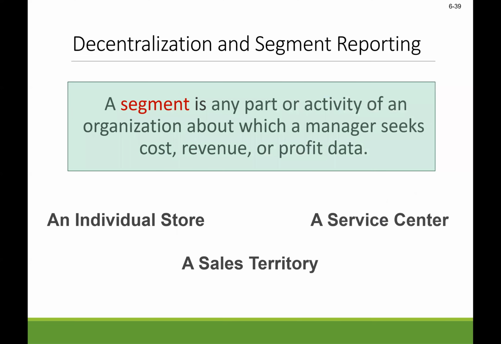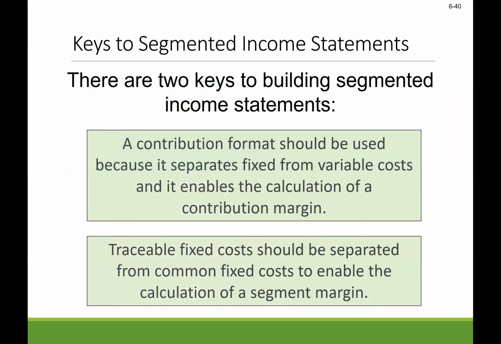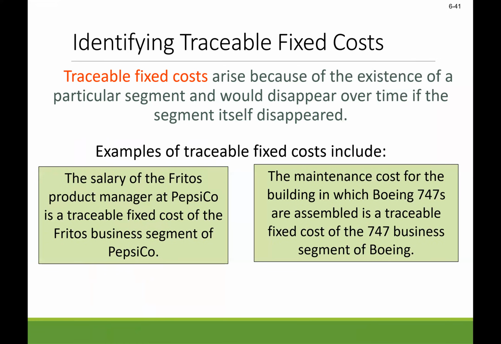You can have a store, a territory, a service center. In order to build these, we'll separate the fixed from the variable cost using a contribution format. We need to identify those traceable fixed costs.